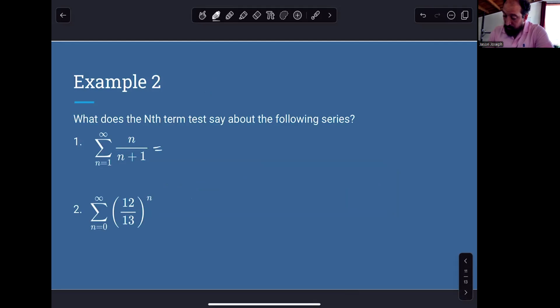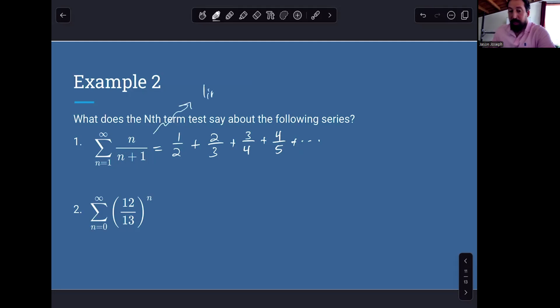The first one is 1/2. The second one is 2/3, and then 3/4, etc. Given any series, we can ask, what does the nth term test say about this series?